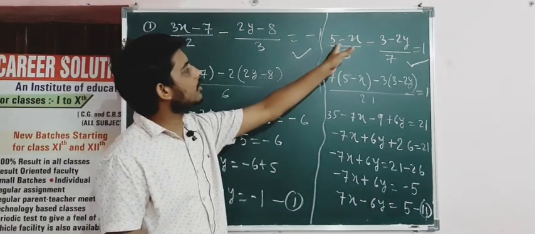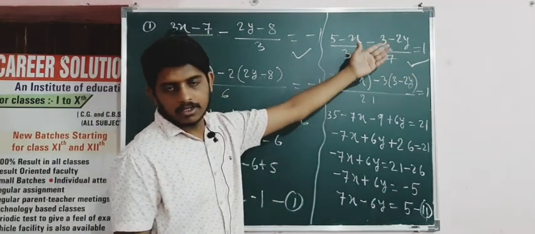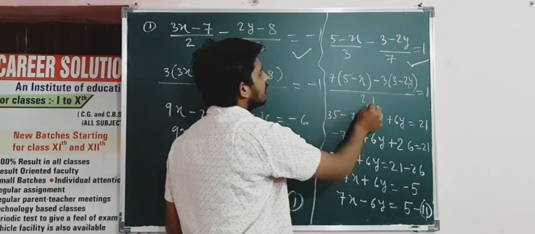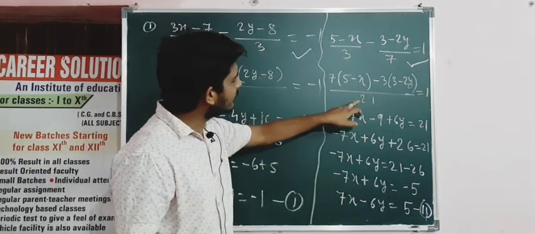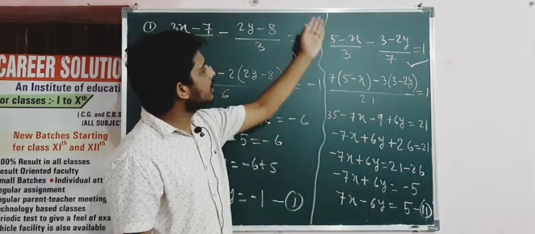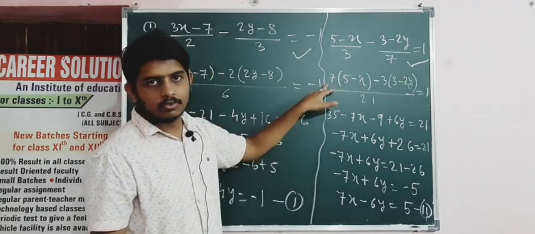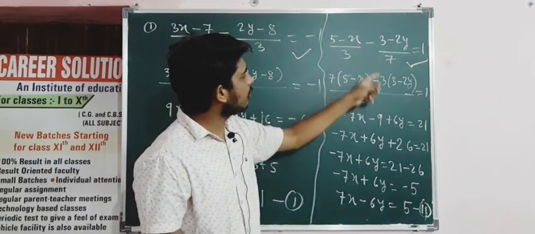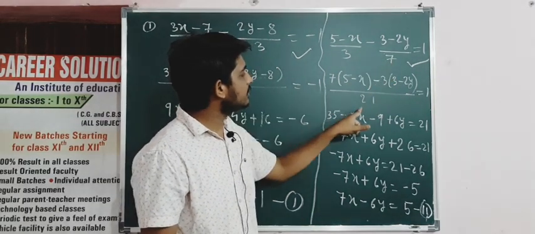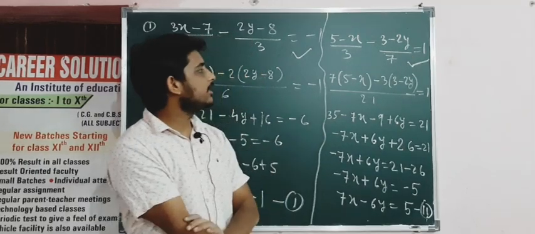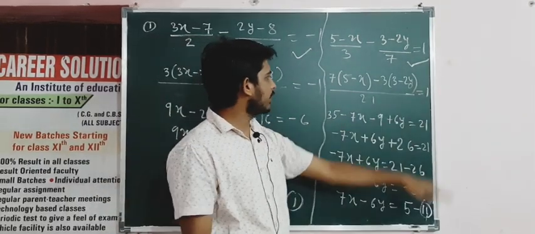Similarly we are going to solve the second equation also. We will simplify first. So the LCM of 3 and 7 becomes 21. 3 times 7 is 21. So in the numerator we will have to multiply by 7. So 7 into (5 minus x), now the minus sign will be there. 7 times 3 is 21, so we will multiply by 3, 3 into (3 minus 2y) is equal to 1.